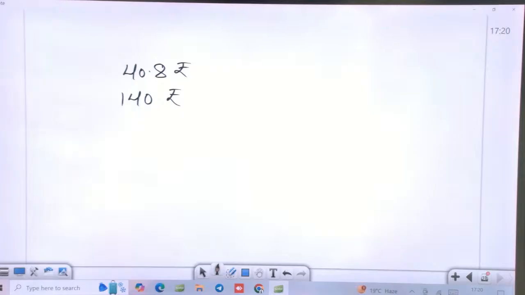Find the rate of interest. See how simple questions they are asking. This is from Delhi Police SI 2021.